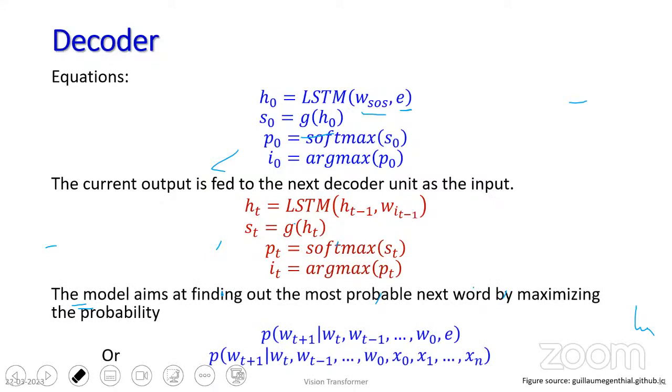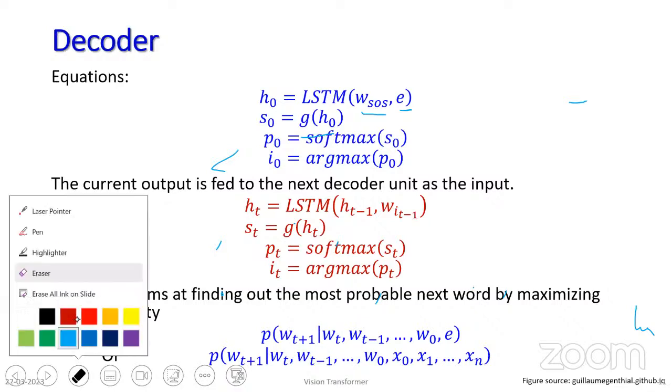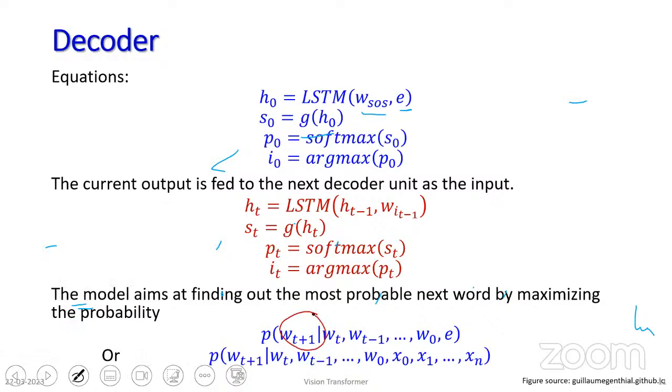So the model aims at finding the most probable next word: given WT minus 1, W0 and the hidden state E of the last encoder unit, what is the probability that the next word is WT plus 1?